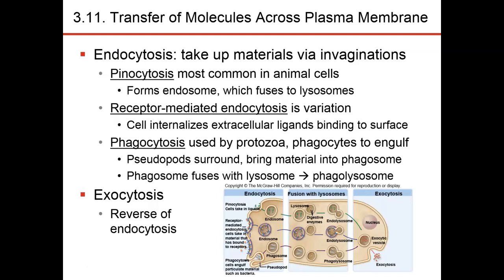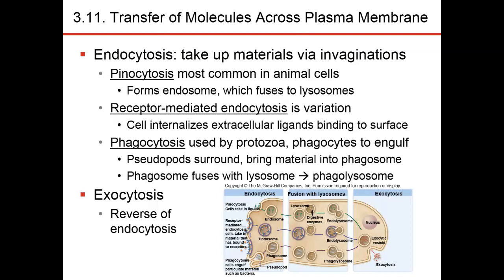Phagocytosis is used by some cell types. So pinocytosis in general can be used by all animal cells, whereas phagocytosis is used by certain types of protozoans and certain types of animal cells. And phagocytosis is likened to eating, so cellular eating.